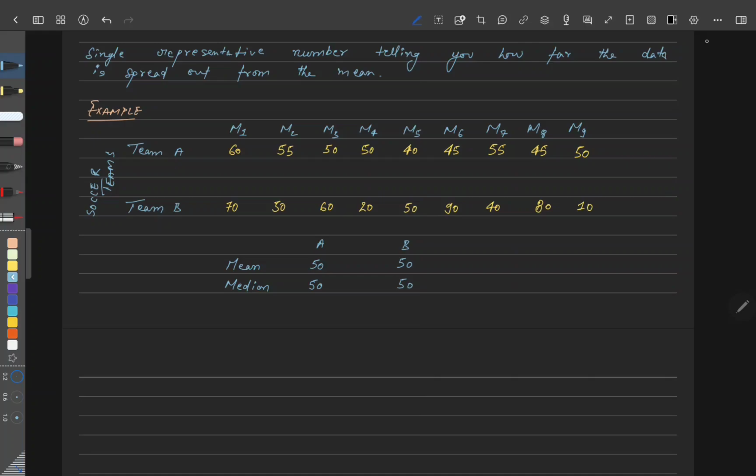Yeah. So let us try and do some more analysis. Let's see how we can find out which team out of both the teams is more consistent. Okay, which team we can rely on more.